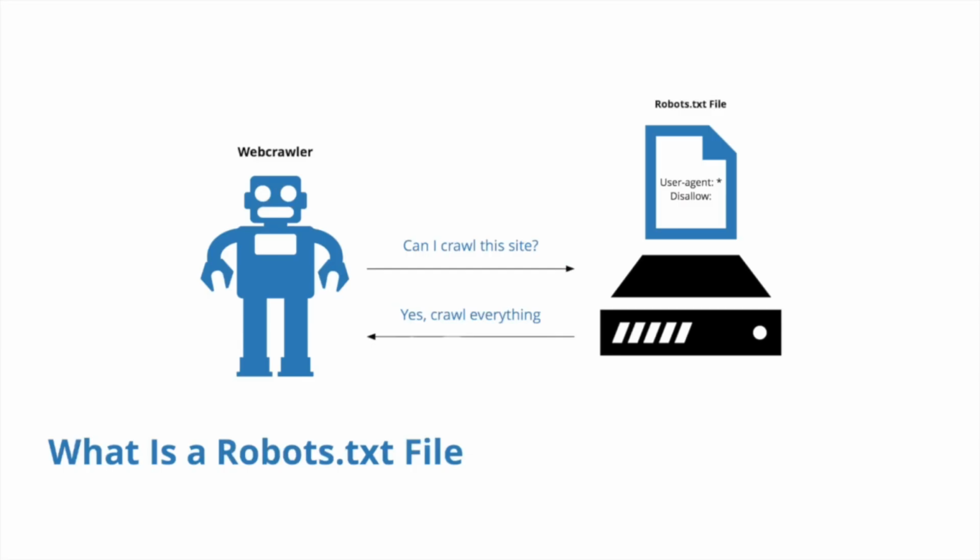One of the first tasks is setting up a Robots.txt file. This file tells search engines which pages of your site they should crawl and which ones to ignore. With the Yoast SEO plugin, you can easily create and edit the Robots.txt file directly from your WordPress dashboard.